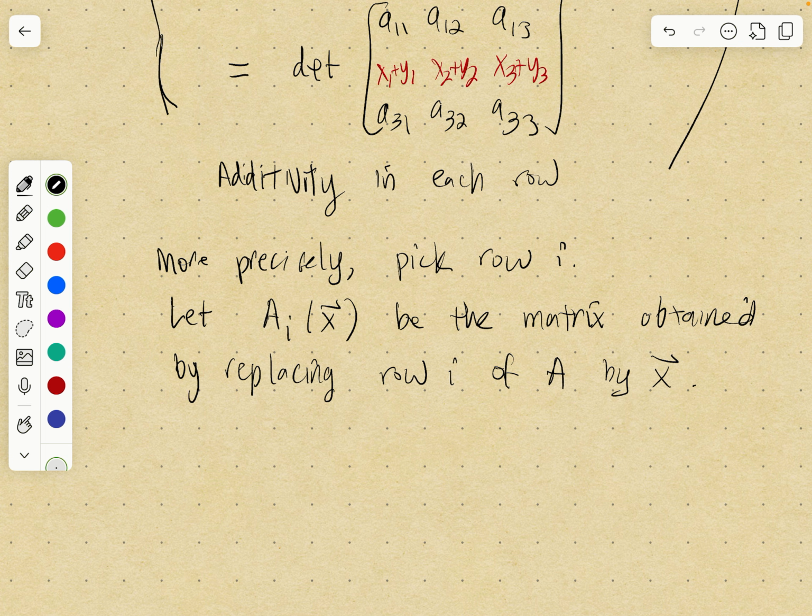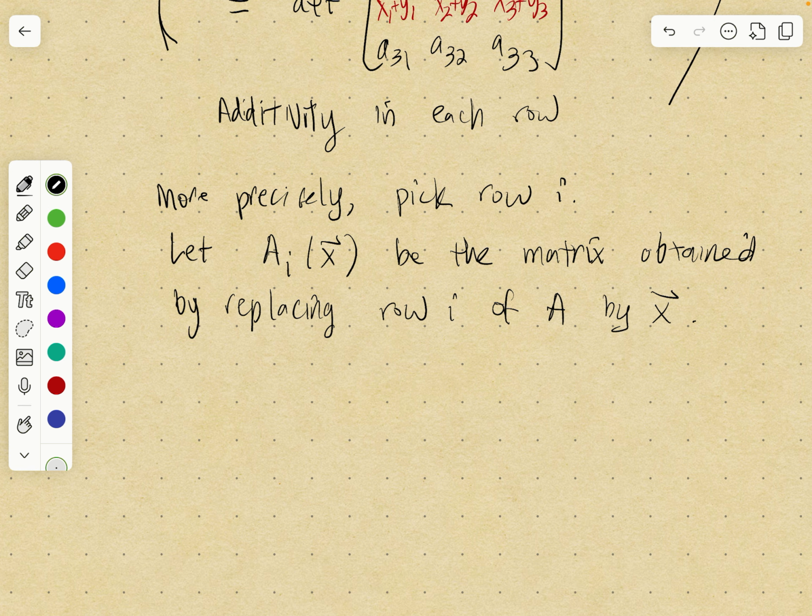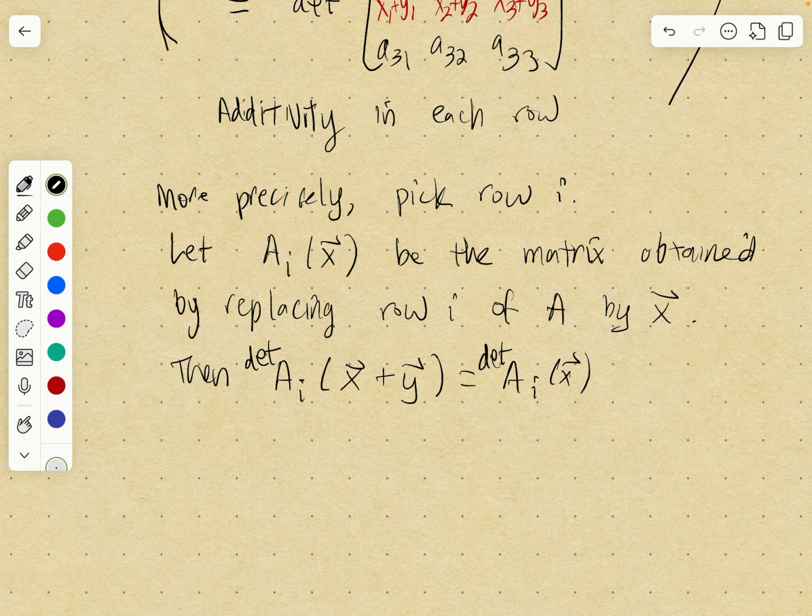So this is a notation. Then what it's saying is that the determinant of A sub i, x plus y is equal to the determinant of A sub i x plus the determinant of A sub i y. That's this condition 3b.